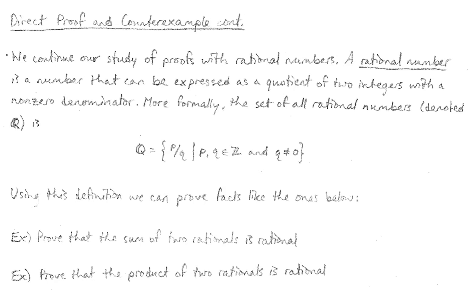So first thing I want to just talk about is the definition of a rational number or a fraction. A rational number is a number that can be expressed as a quotient of two whole numbers or integers, with the denominator not being 0. The formal way that we represent the set of all rational numbers, which is that fancy Q, is the set of all things of the form p over q, where p and q are integers or whole numbers and q is not equal to 0.